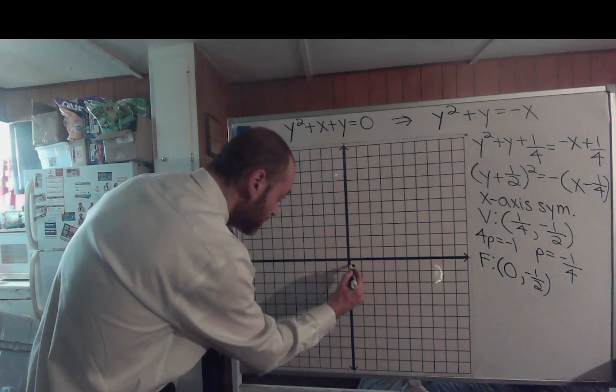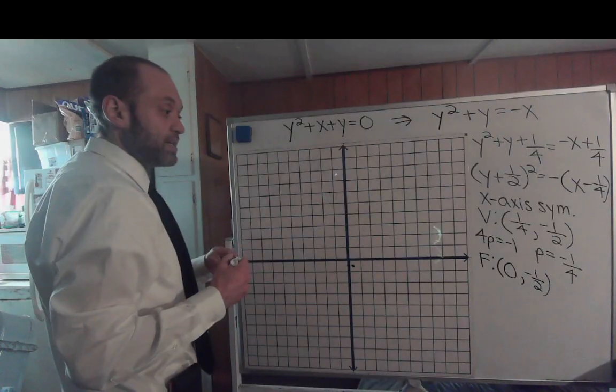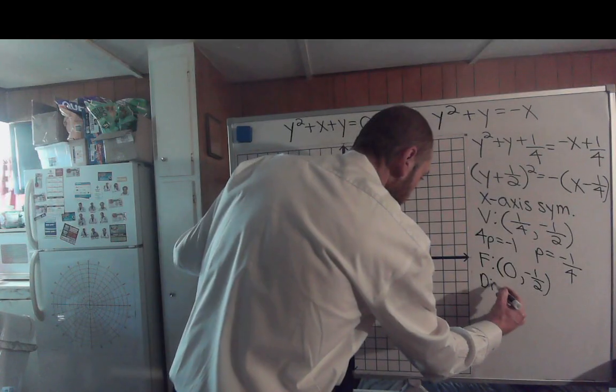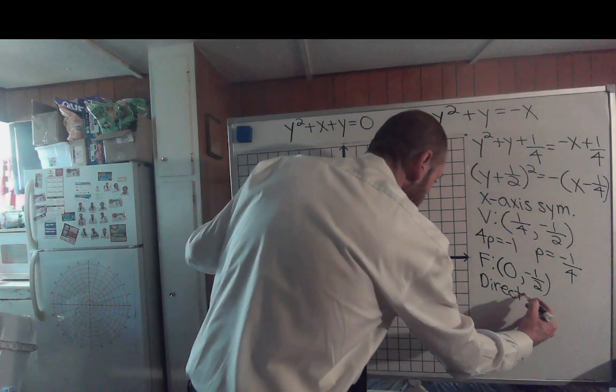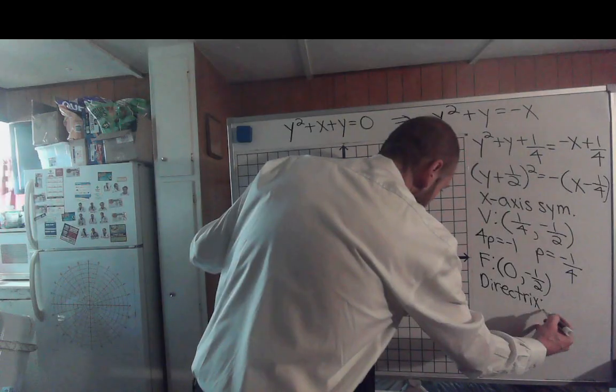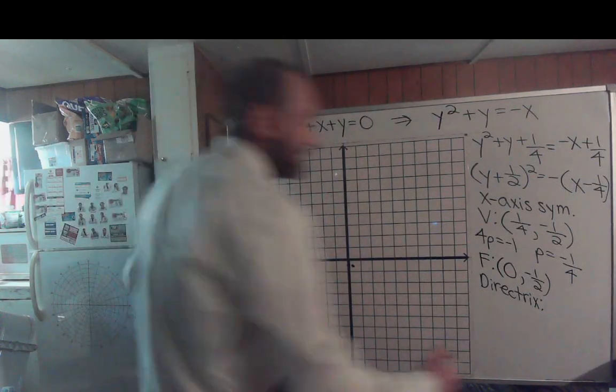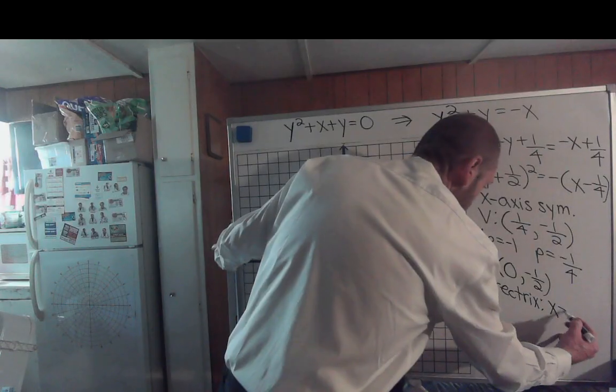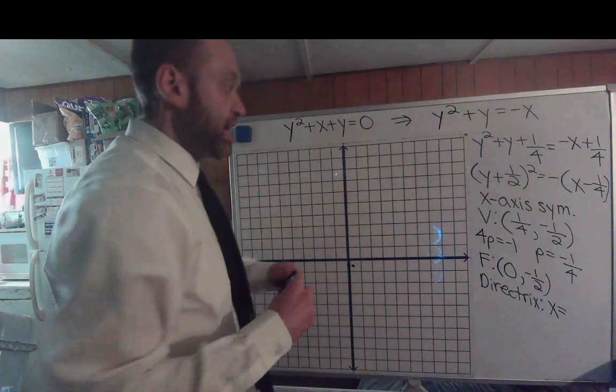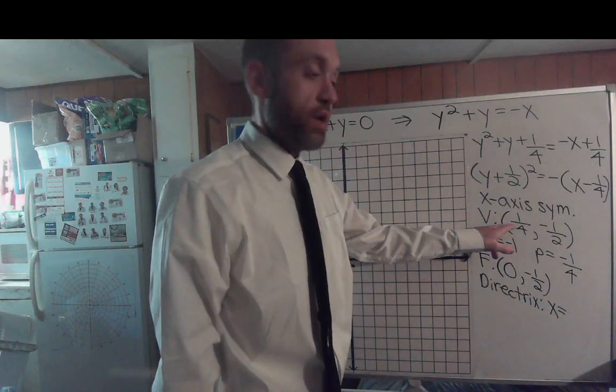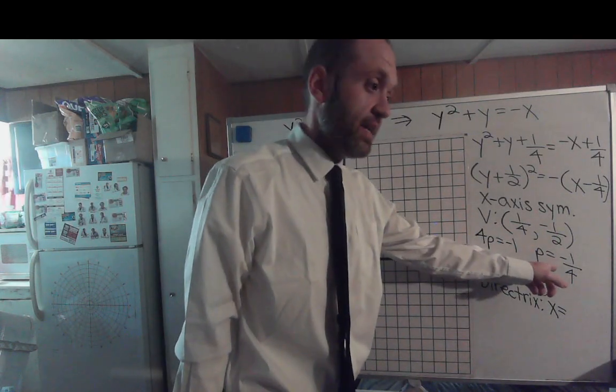Now, the last thing I have to do is find the directrix. Since it's x-axis symmetry, it's going to be x equals some number, but I have to take this 1/4 coordinate and subtract that negative 1/4.